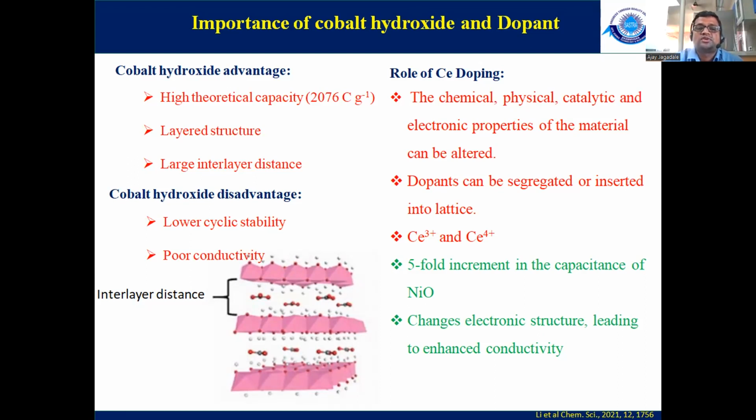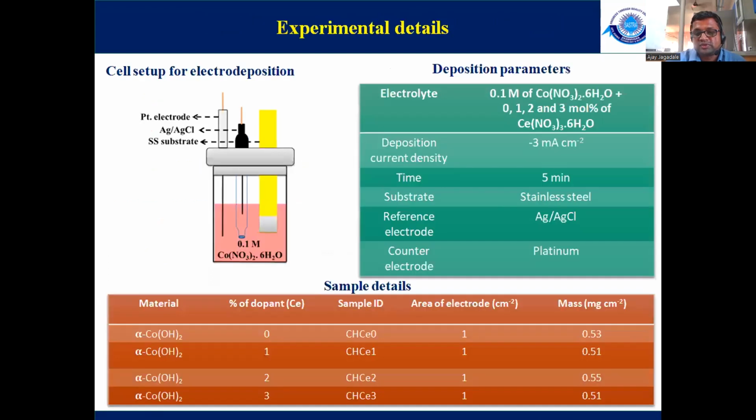One more reason for choosing cerium is that it has two oxidation states, cerium 3 plus and cerium 4 plus, which are helpful in electrochemical energy storage. Also, from the literature, a 5-fold increment in the capacitance of nickel oxide was reported recently, and the electronic structure changes, as I said previously.